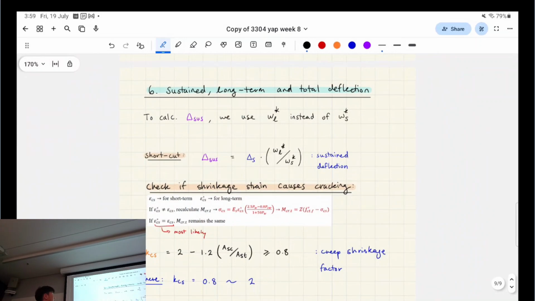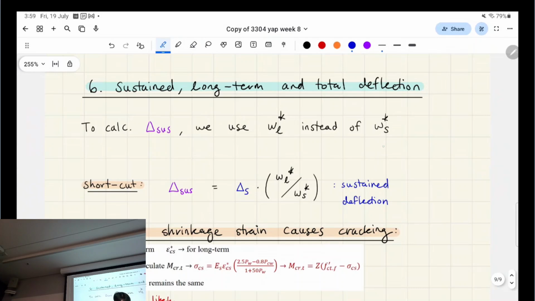Okay, I'm nearly done. So sustained deflection. I've kind of avoided talking about sustained deflection, but it is a mathematical step in the middle. All it is, instead of whenever we use the short-term factor, remember your short-term factor was something like 0.7.